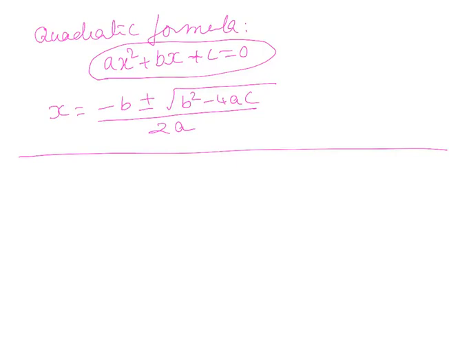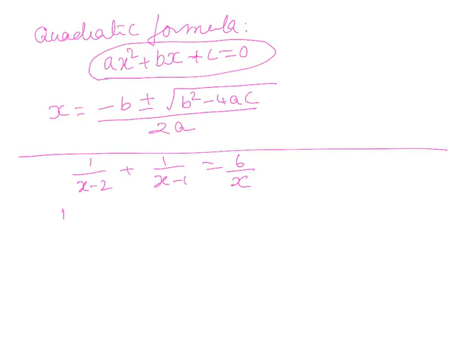The key thing to do is to identify that it is a quadratic equation. For example, here I am doing the next question, and since it is an example, I will not be solving it. I am just giving an idea. 1 over x minus 2 plus x minus 1 is equal to 6 over x. In this case, we take the LCD.